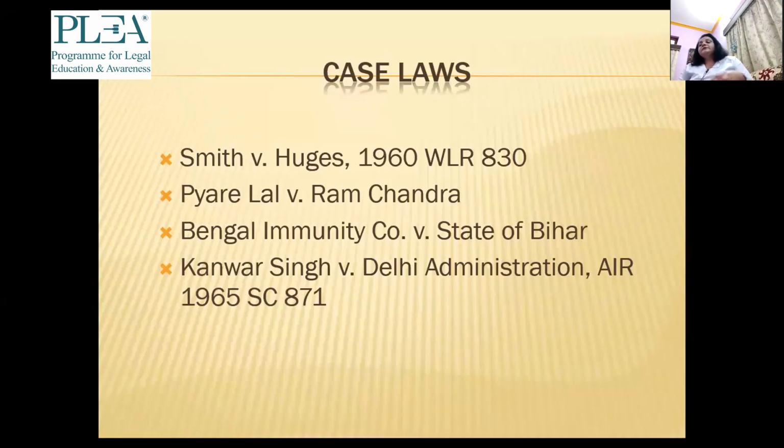So, under this Act, many cattle were confiscated by the Delhi Municipal Corporation authorities. One day they also confiscated the animals of Kanwar Singh. But Kanwar Singh took the plea that the Act says abandoned animals, and they are not abandoned animals, they are my animals. They have an owner.